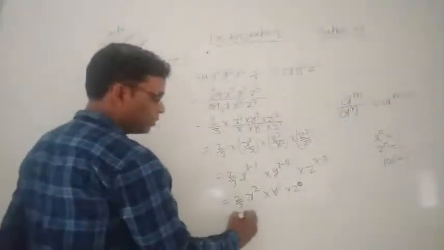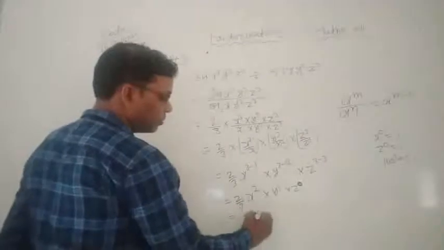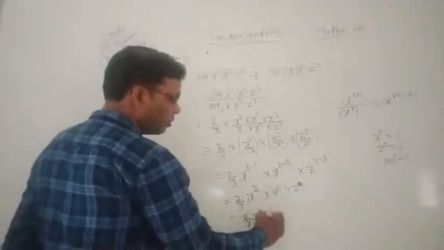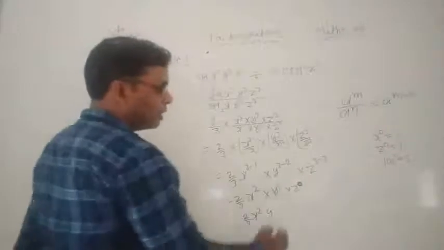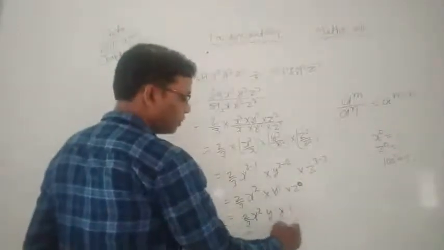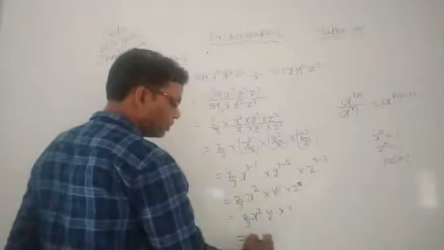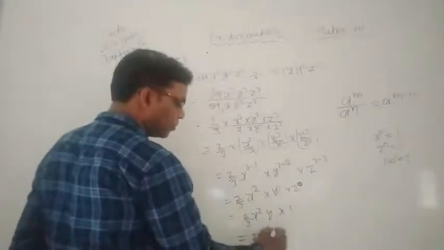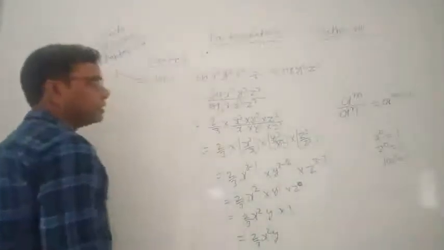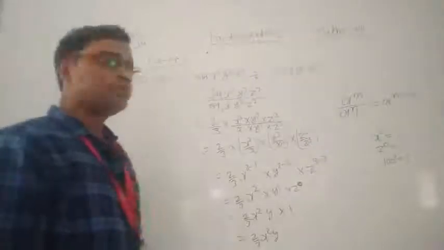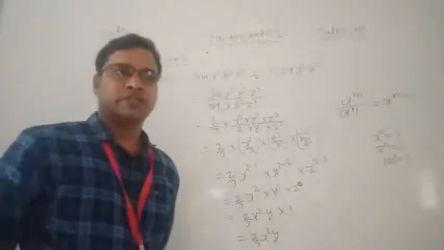Here we have 2 by 3 x power 2, y power 1 means you can write only y, into z power 0 which is 1. This is equal to 2 by 3 x power 2 y. Clear? In this way you can see in both cases we find the same quotient.